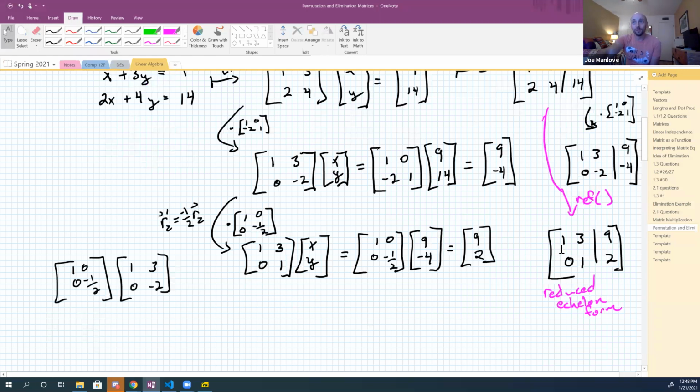If you want to go even further and get the identity matrix on the left-hand side so you can just read off what X and Y are, the further step is reduced row echelon form.